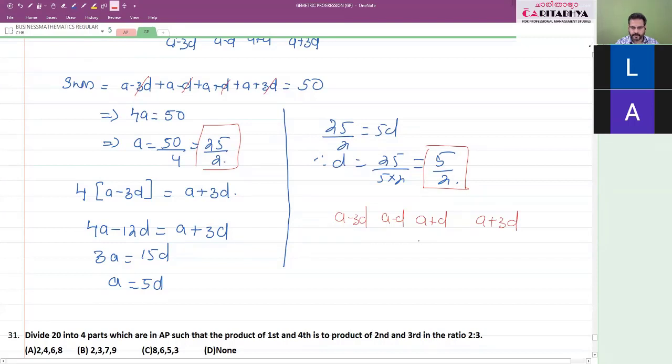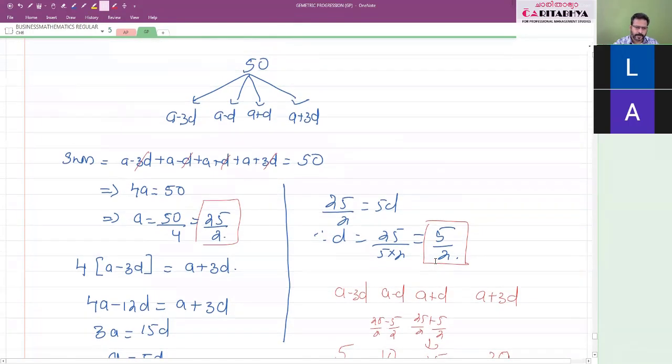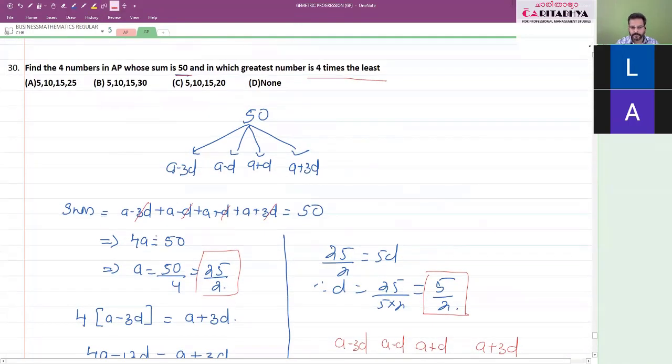That is 25 by 2 plus 5 by 2, which is 15. 25 by 2 minus 5 by 2 is 20 by 2, which is 10. So the numbers are 5, 10, 15, 20, and all of them sum to 50.